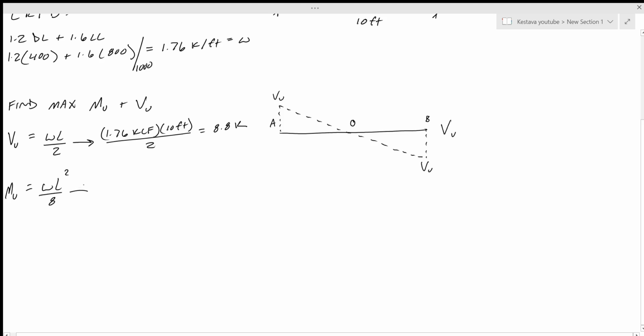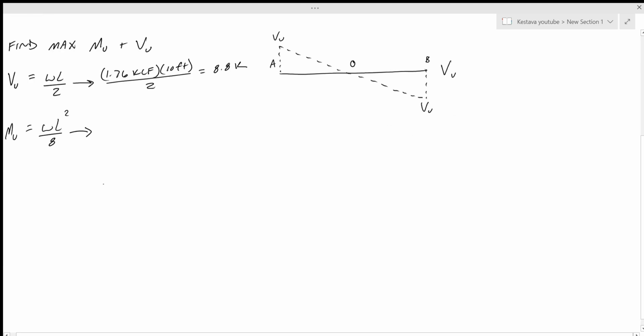Come on, that one's classic. We have 1.76 klf times 10 feet squared over 8, which equals 22 kip-feet.